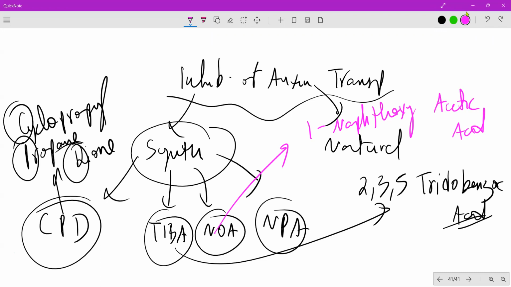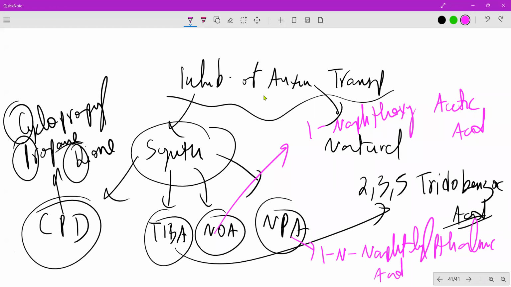And then we have NPA. This is 1-N-naphthyl phthalamic acid. So all these are different inhibitors of auxin transport.